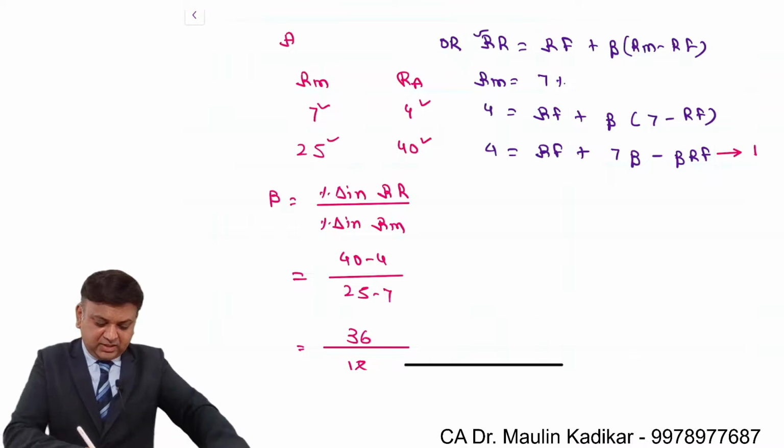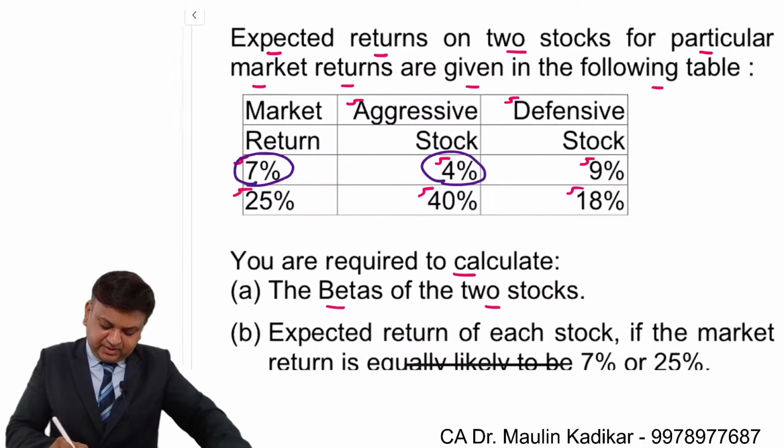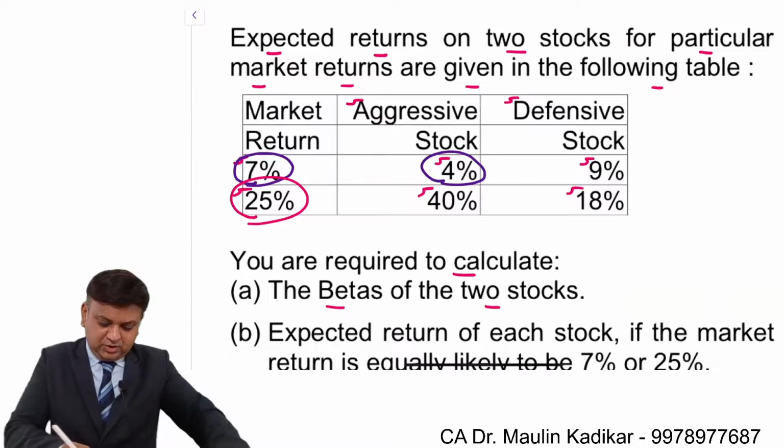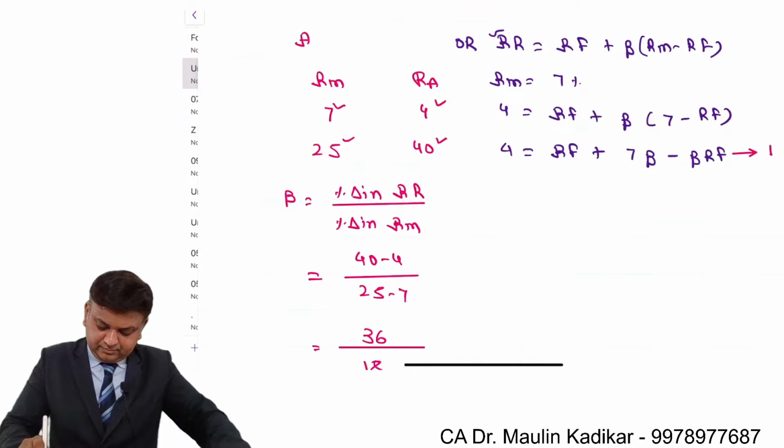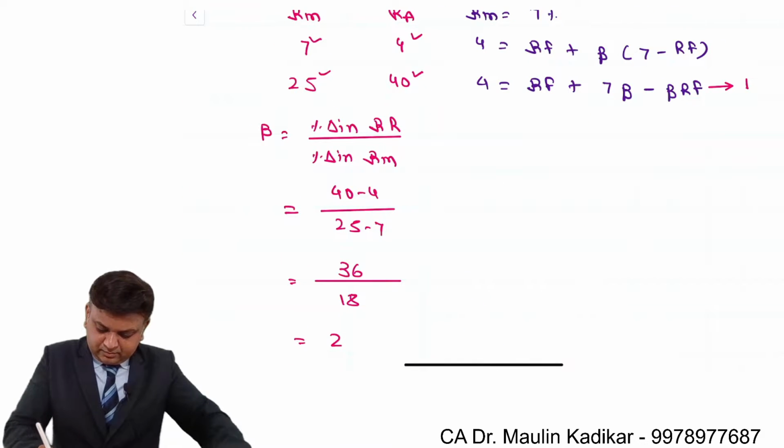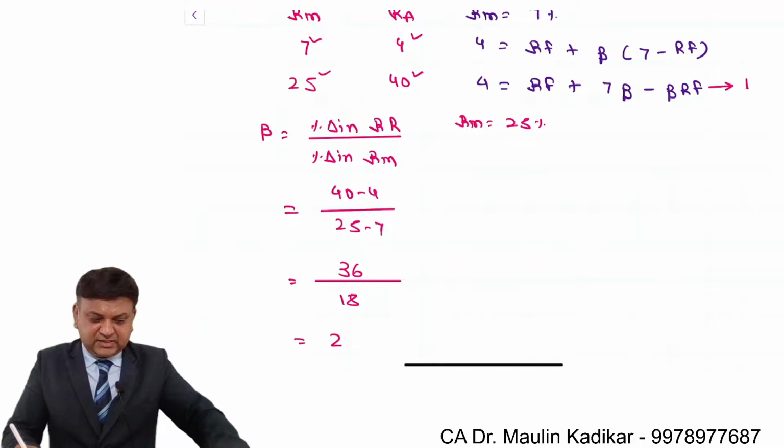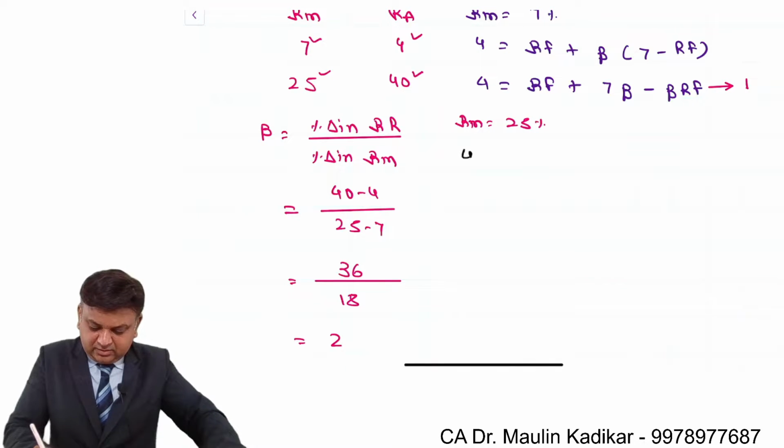Another RM provided to us in the example is 25. In that case, the required rate of return is given as 40.